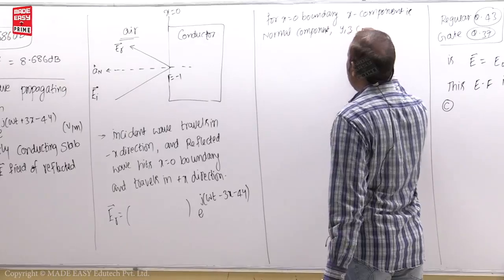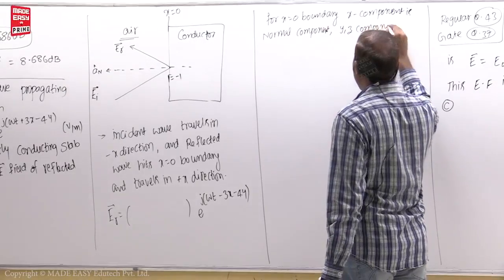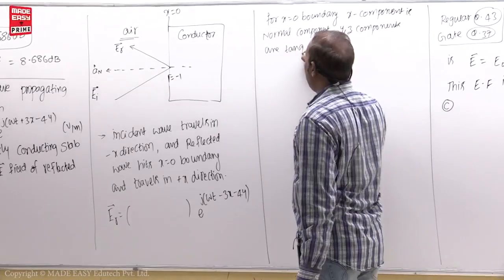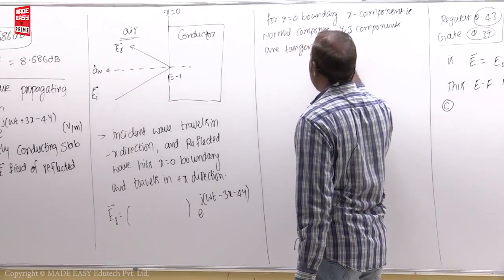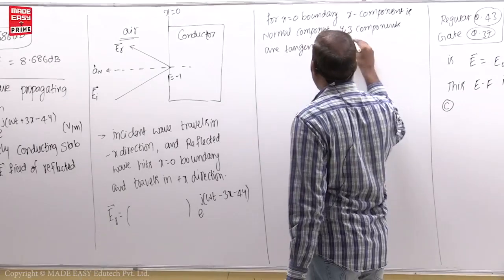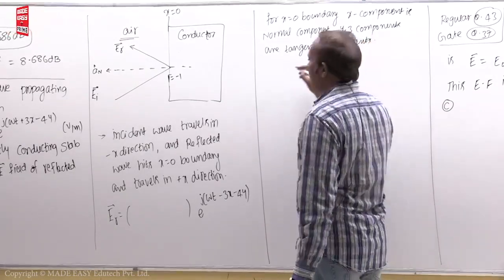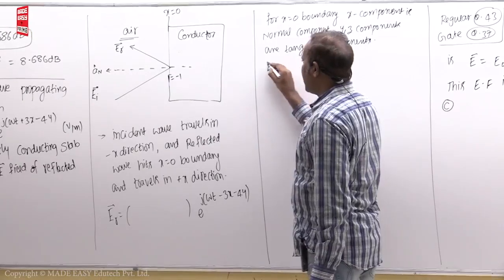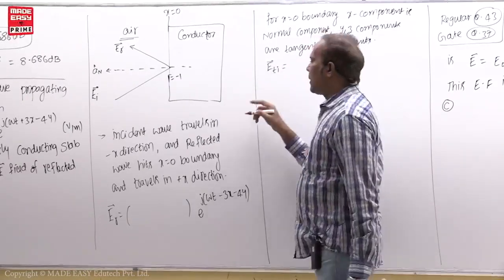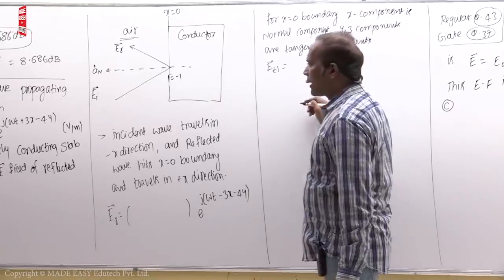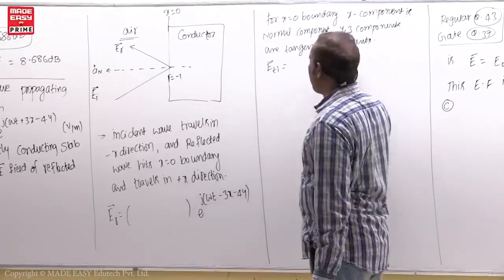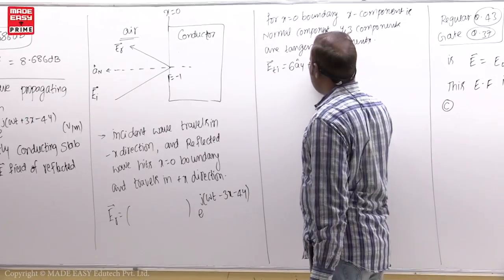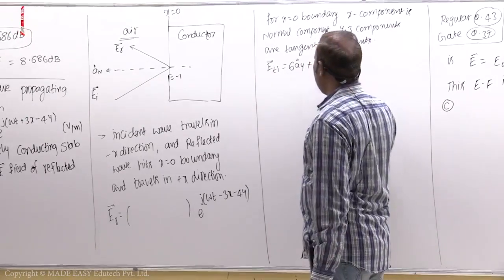The y, z components are tangential components. That means the tangential component of the incident electric field vector, the y, z components, are tangential components. So 6ay plus 5az.